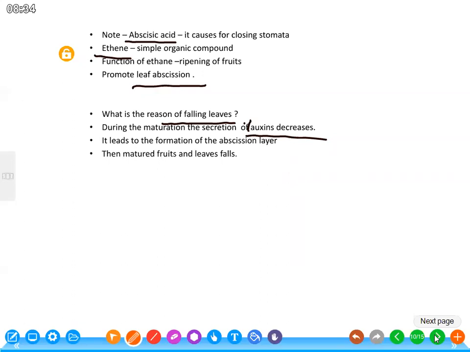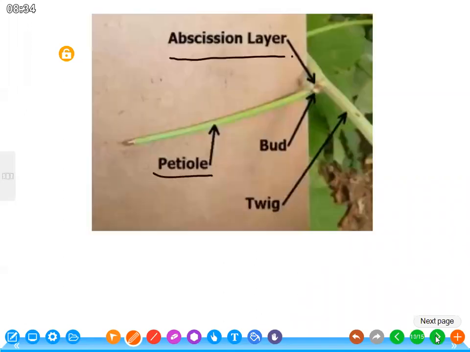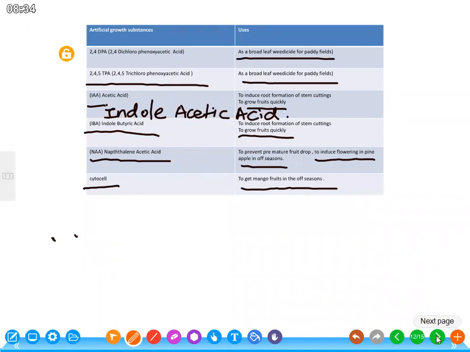I already explained you about the reason for falling leaves. Okay. Here you observe the abscission layer. This layer is formed at the base of the petiole. So the leaves, the fruits or flowers fall down. Then the artificial growth substances. These are some artificial growth substances.